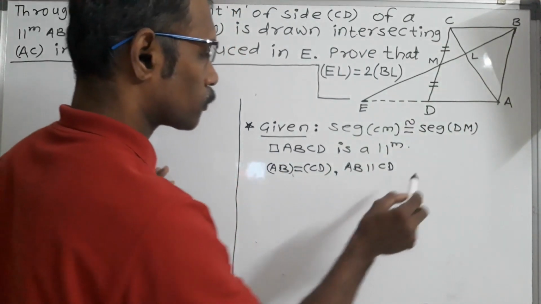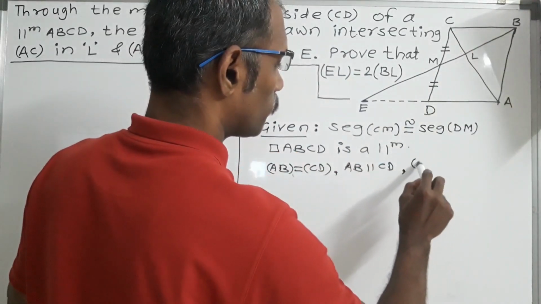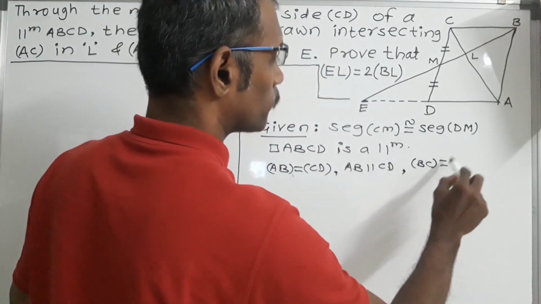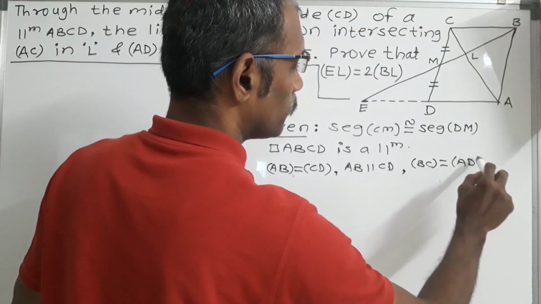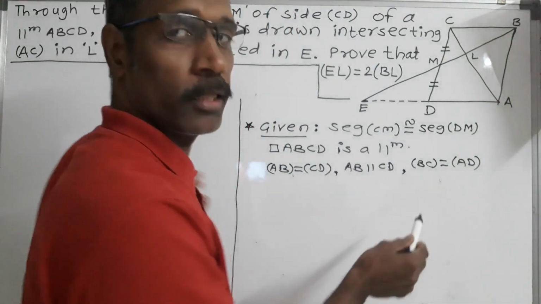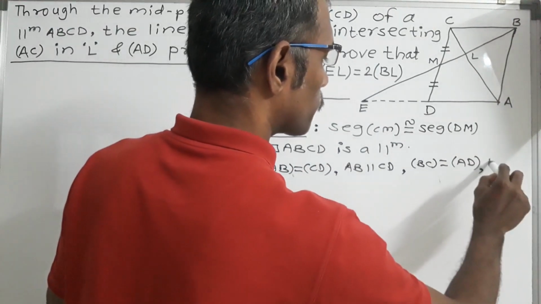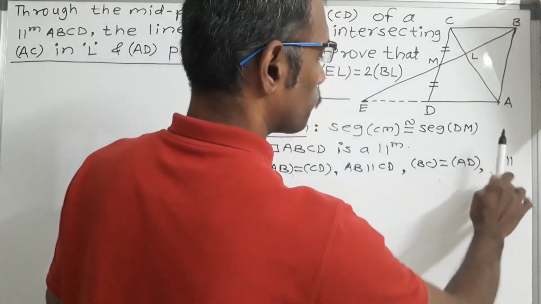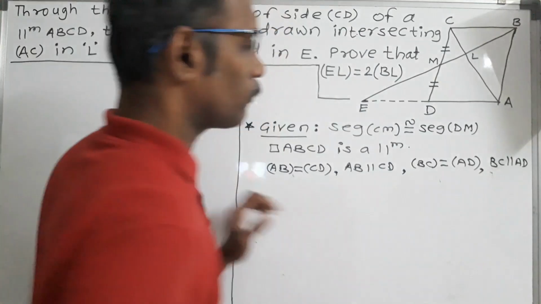Then BC is equal to the opposite side AD, these are also congruent, and we also write BC parallel to AD.